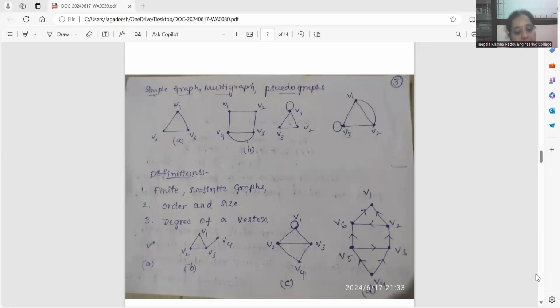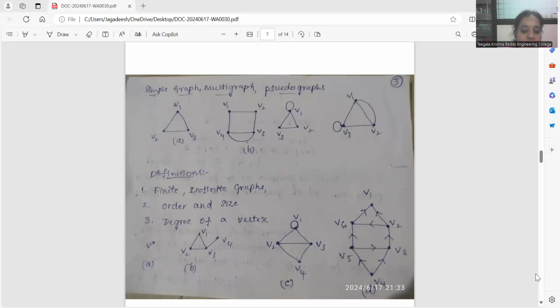Coming to the second graph B, here we have some vertices and some edges. Let us take the vertex V1. How many edges are incident on V1? 2 edges. Here, there is no need to distinguish directed or undirected graphs. So the degree of V1 equals 2. The degree of V2 equals 2, because 2 edges are incident on V2.